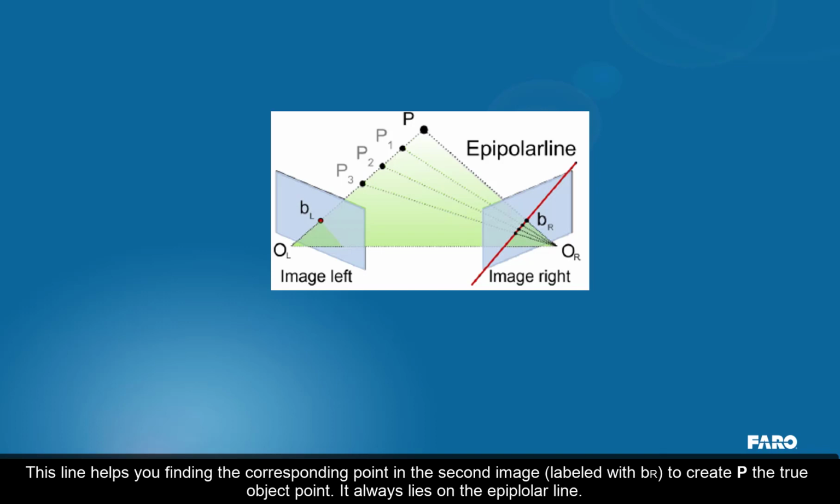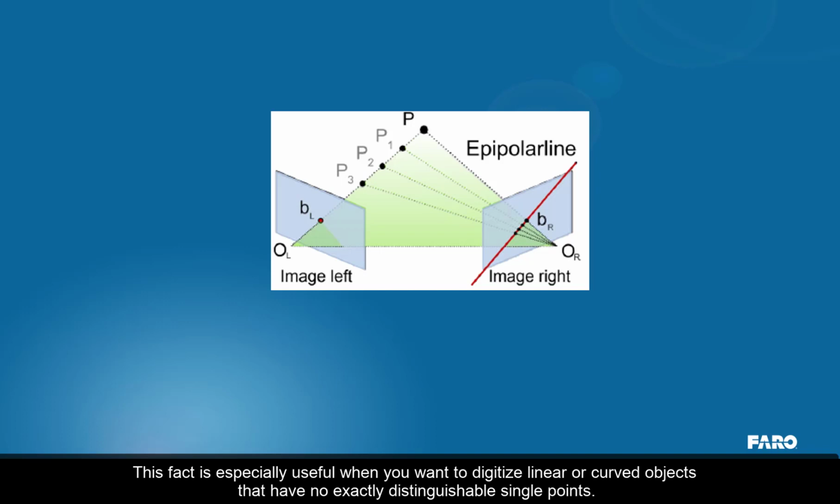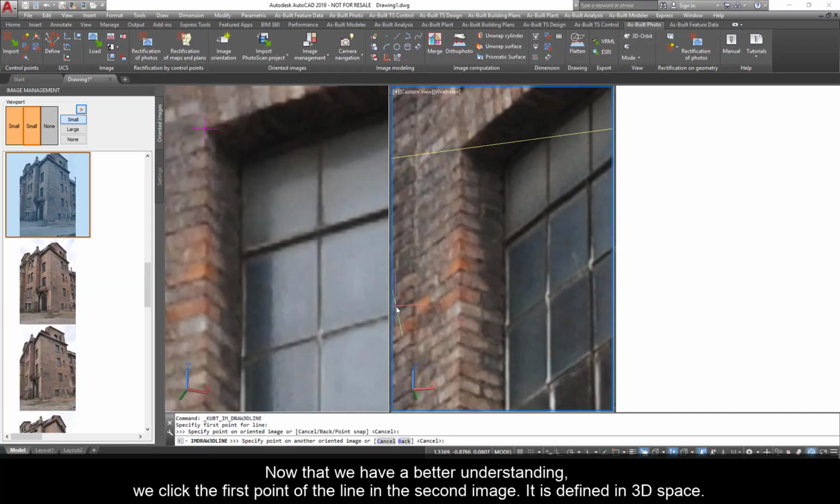This line helps you find the corresponding point in the second image, labeled with BR, to create P, the true object point. It always lies on the epipolar line. This fact is especially useful when you want to digitize linear or curved objects that have no exact distinguishable single points.